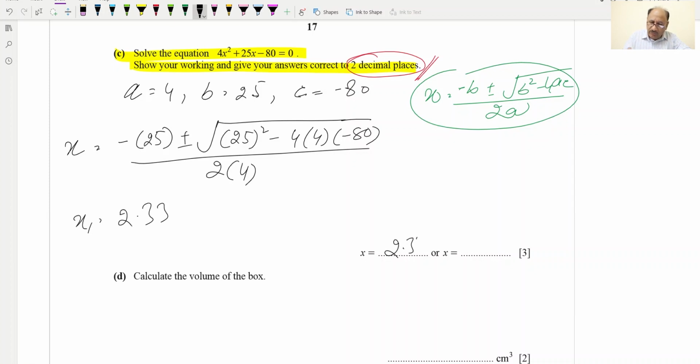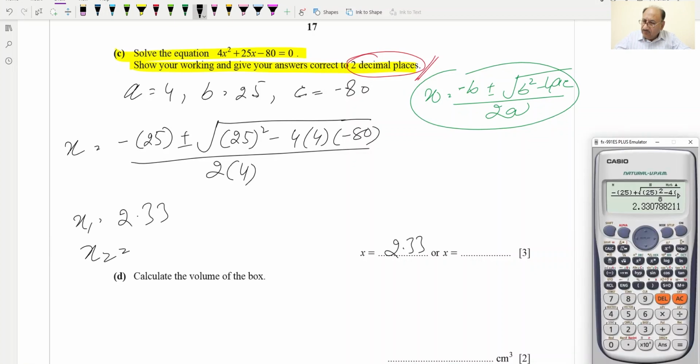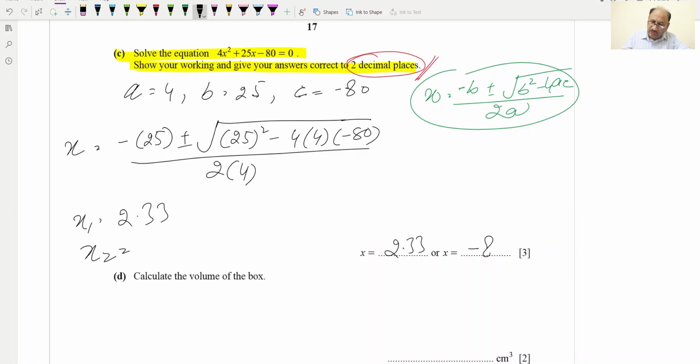So 2.33 will be one value, and x2 will be with the negative value. We can change the plus into minus, and this will be the negative value, minus 8.58. Minus 8.58 will be our final answer for this 3-mark question.